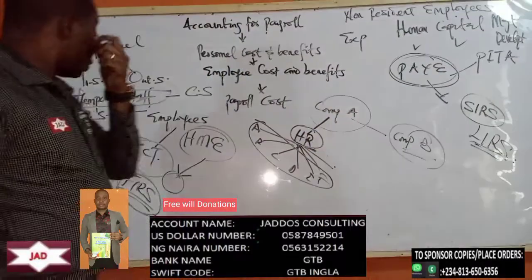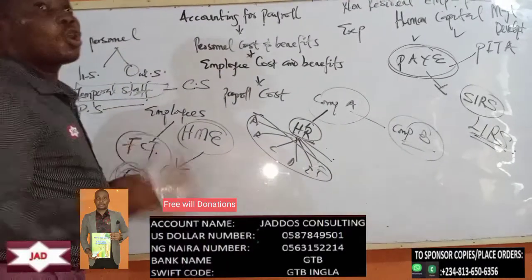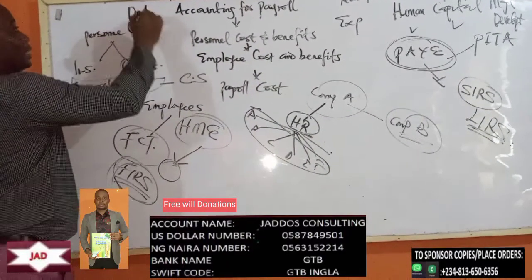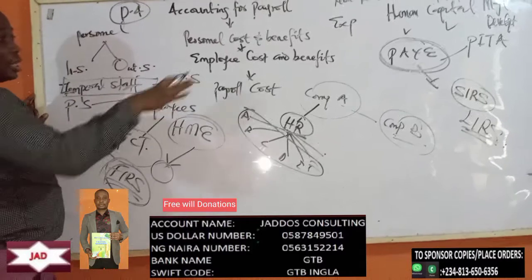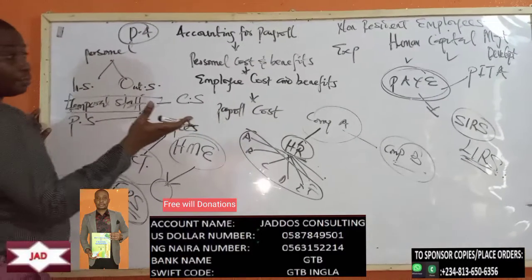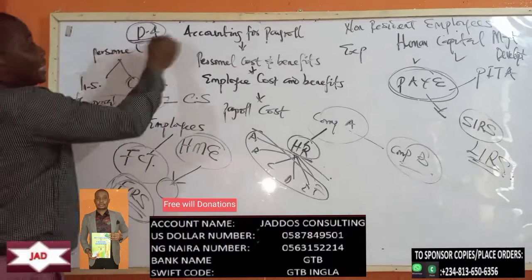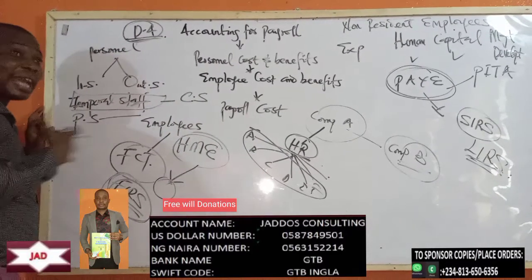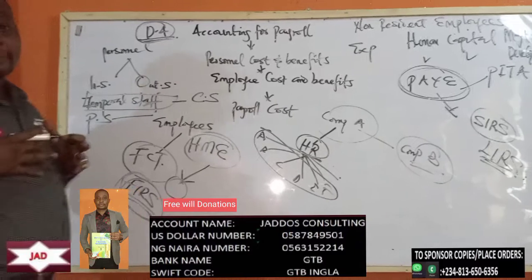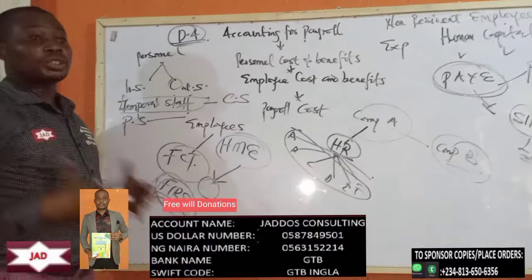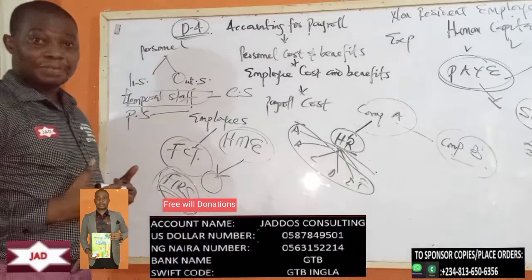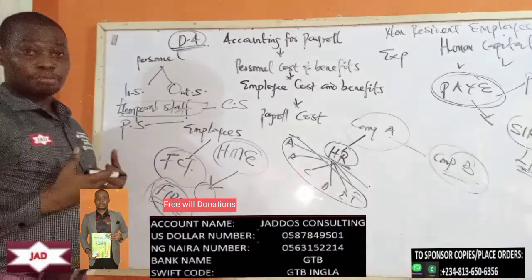Okay, now you must understand that there's something called direct assessment. Now direct assessment is a little bit different from what we call pay as you earn, but it's still the same income tax. So direct assessment here is for self-employed individuals. So if I have my own business as a self-employed individual, it means that whatever I make from my business is more like an income to me.